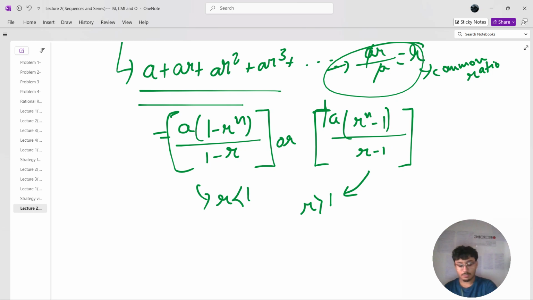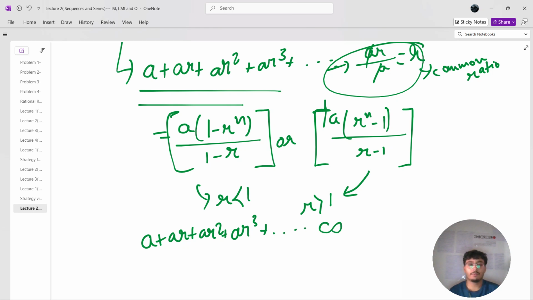Next up is my infinity series. One more part comes in geometric progression, that is the infinity series, which is basically when the terms go up to infinity. For example, A plus AR plus AR square plus AR cube plus all the way till infinity.